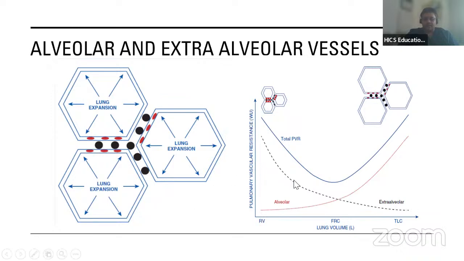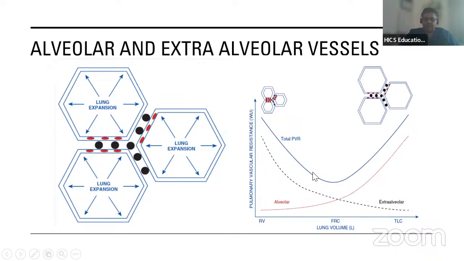The relationship between the alveolar vessels and the extra alveolar vessels is described here. The alveolar vessels, which are close to the alveoli, seem to have the highest vascular resistance at total lung capacity, whereas the extra alveolar vessels seem to have the highest pulmonary vascular resistance at residual volume.